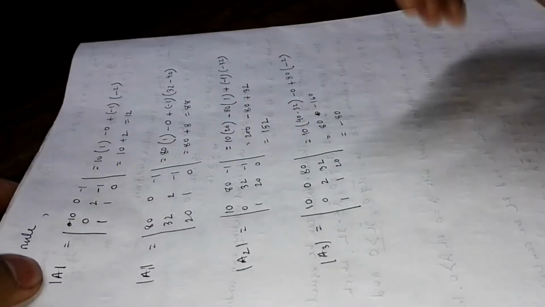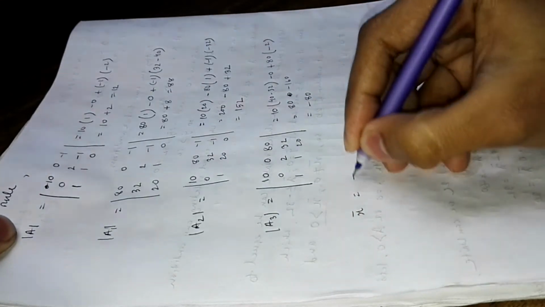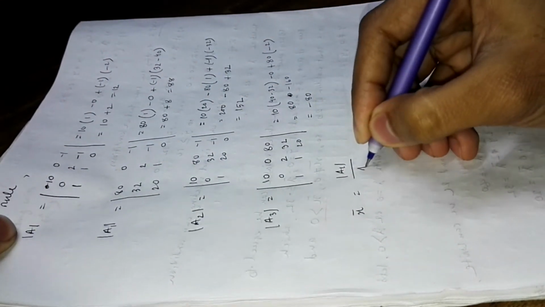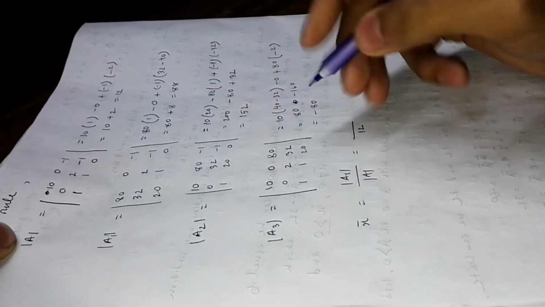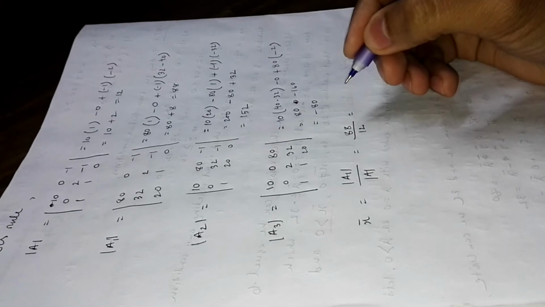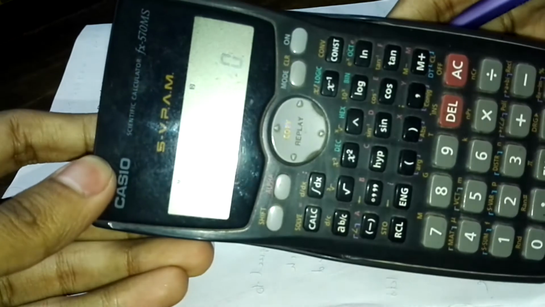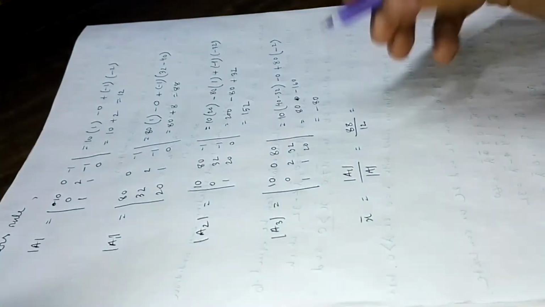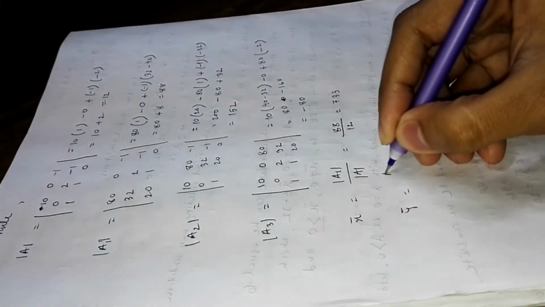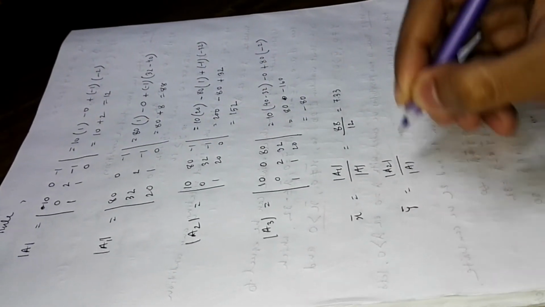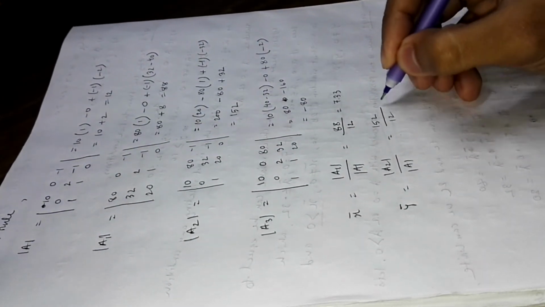So let's find out the value of x, y, and lambda. For x, the value would be A1 divided by A. How much is that? It's 88 divided by 12. It is saying 7.33. Okay. What would be the value of y? A2 is 152, 152 divided by 12.